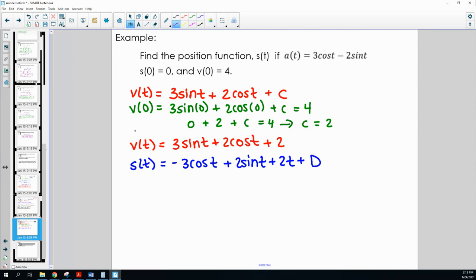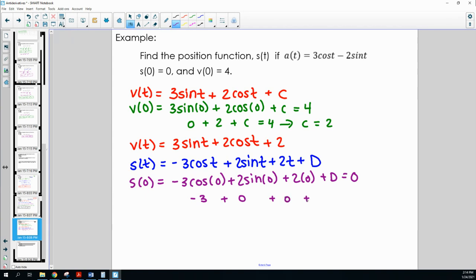So now we know s of 0 is 0. So I'm going to plug that in. So I have negative 3 cosine of 0 plus 2 sine of 0 plus 2 times 0 plus d equals 0. So then I get here negative 3 plus 0 plus 0 plus d equals 0.